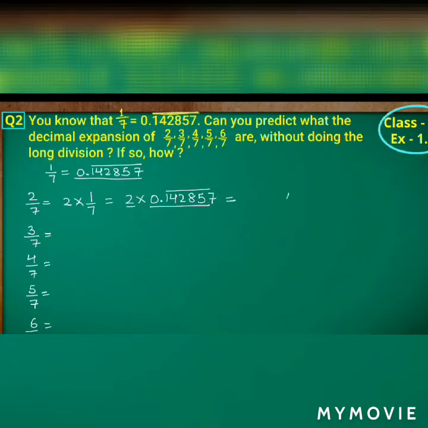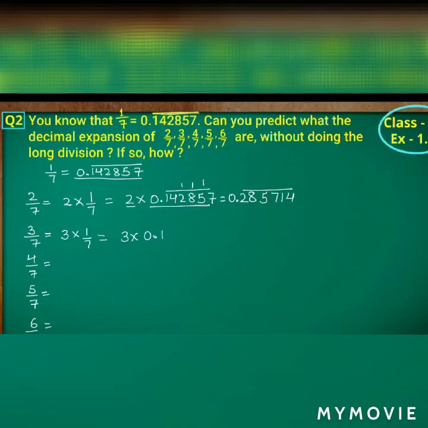So we have to multiply 2 with these decimal digits. 2 7s are 14, carry 1. 2 5s are 10 plus 1, 11, again carry 1. 2 8s are 16 plus 1, 17, carry 1. 2 2s are 4 plus 1, 5. 2 4s are 8, 2 1s are 2. Point, 2 zeros are 0, isn't it? So I am getting the value for 2 into 1 by 7, that is 2 by 7, as 0.285714 bar.